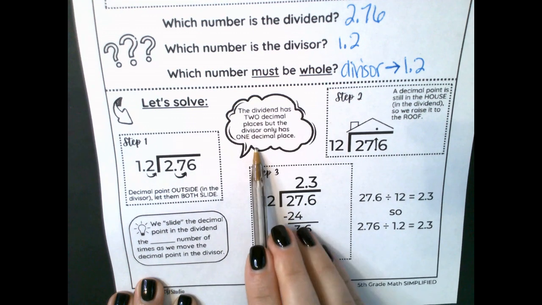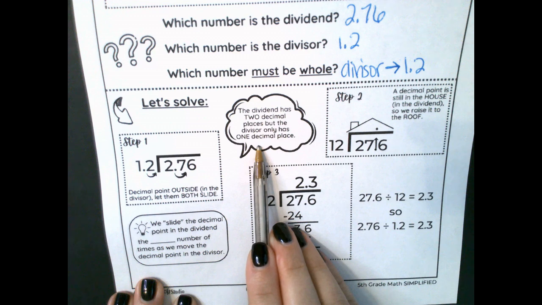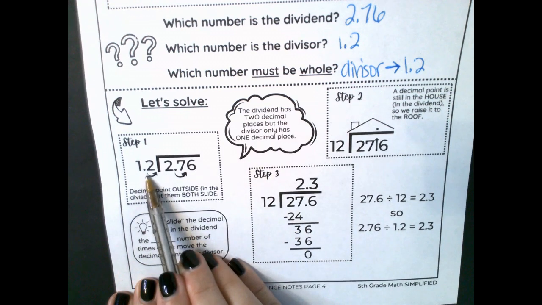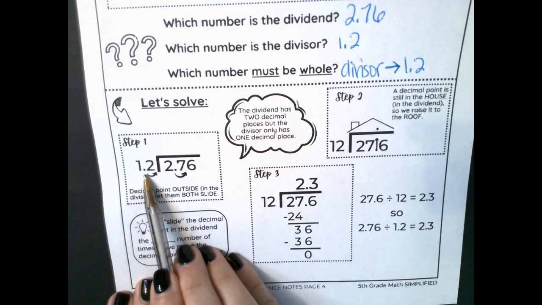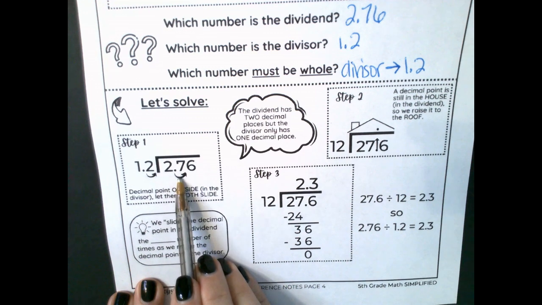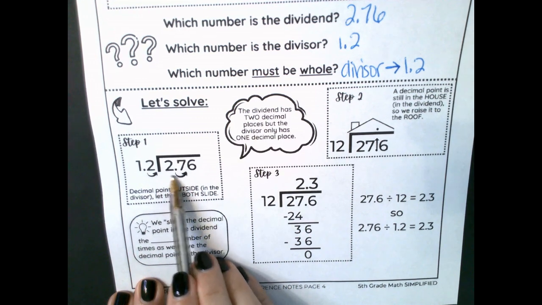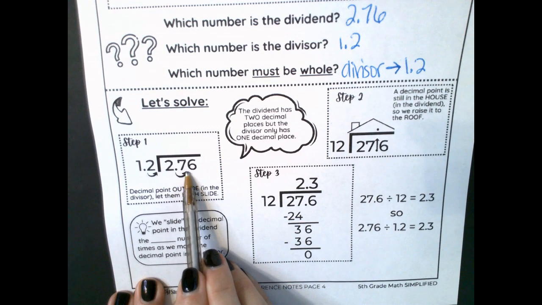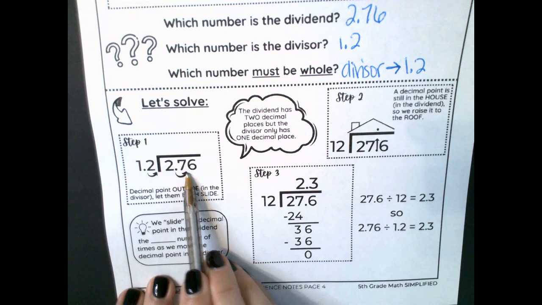So right here it says the dividend has two decimal places, but the divisor only has one decimal place. So we're getting rid of this decimal point in the divisor by sliding it to the right. What we're actually doing is multiplying by 10. And so we have to multiply the dividend by 10, which means that the decimal point ends between the 7 and the 6.